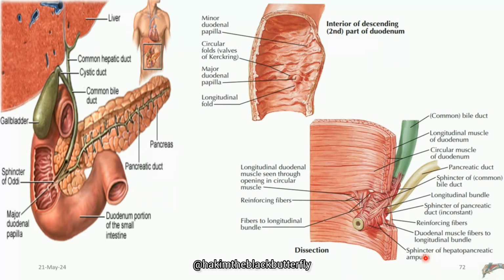Usually that common structure that is formed after these two fuse is always surrounded by circular muscle fibers, and those circular muscle fibers are going to form a sphincter. You can call it the sphincter of the hepatoduodenal ampulla, or you can just call it the sphincter of Oddi. That's that sphincter that's going to be wrapping around the what?